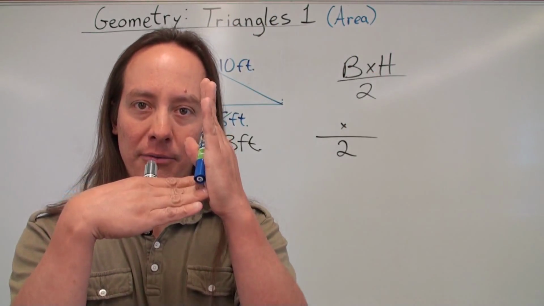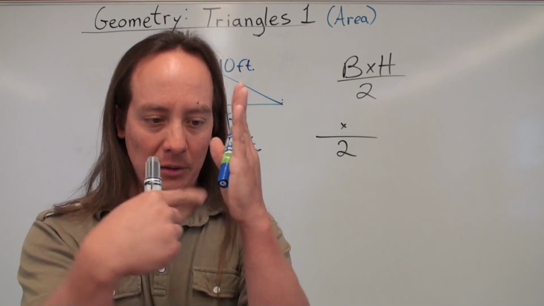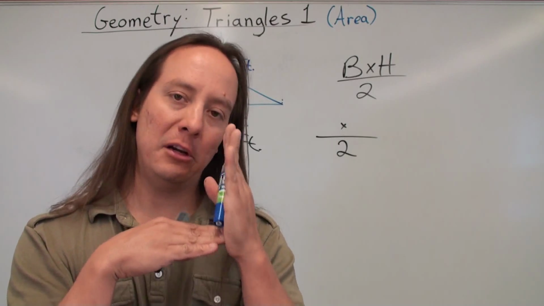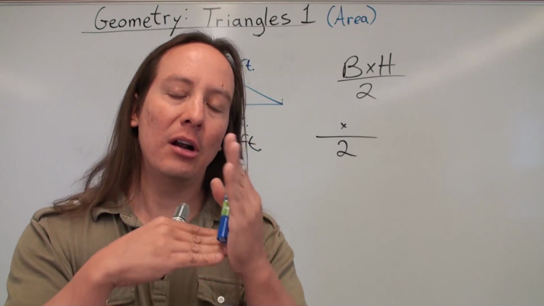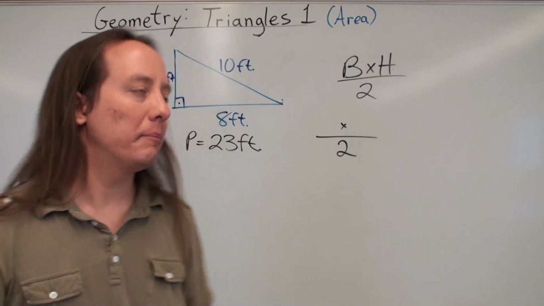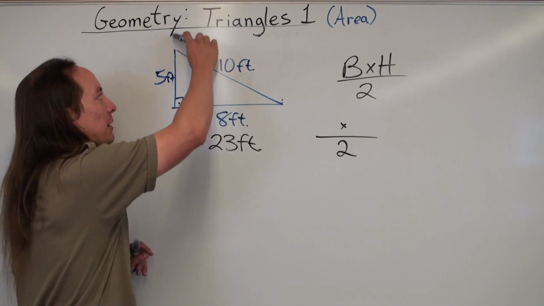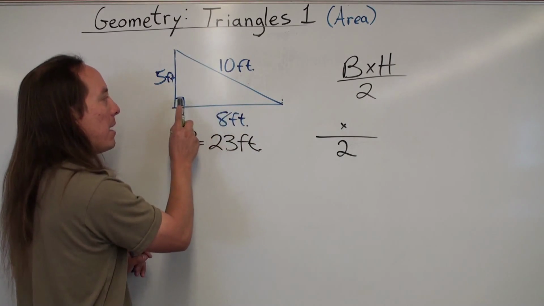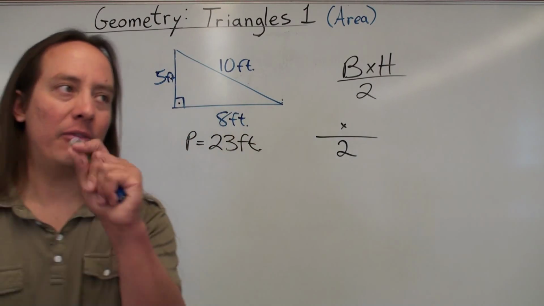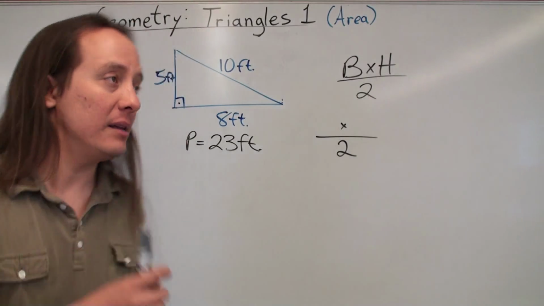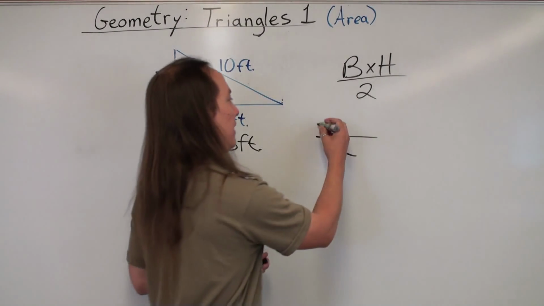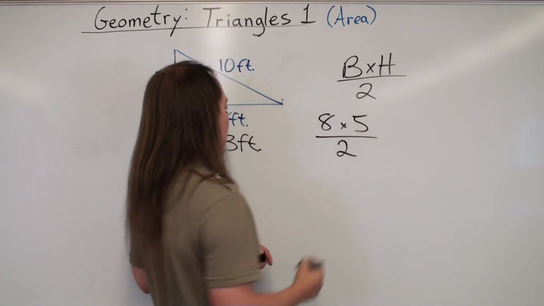The 2 lines that form that right angle, that little square right here, that's going to be your base and your height. That's going to be your length and your width, whatever you want to call it, okay? So I know I need to use the 8 and I know I need to use the 5 because these 2 lines make that right angle, and I know without a doubt those are the ones I need to use for my base and my height. Okay, so my base is 8, my height is 5, and that's it.